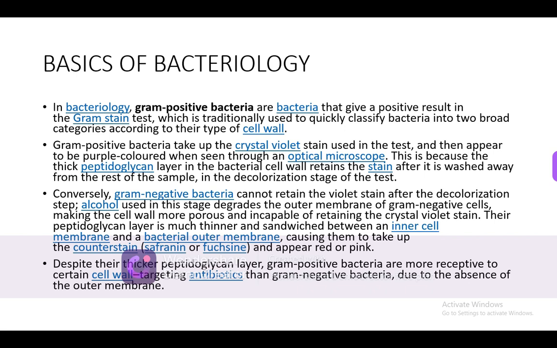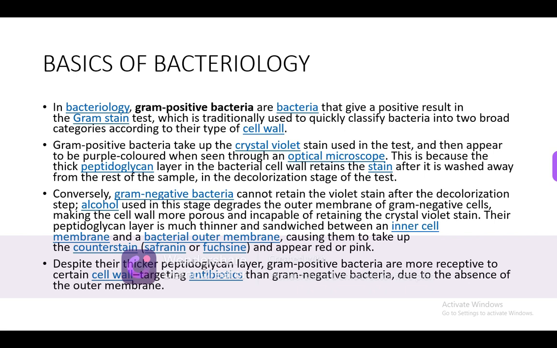After the decolorization step, the alcohol used in the stage degrades the outer membrane of the gram negative cells, making the cell wall more porous and incapable of retaining the crystal violet stain. So they will be washed with the alcohol also to confirm it.